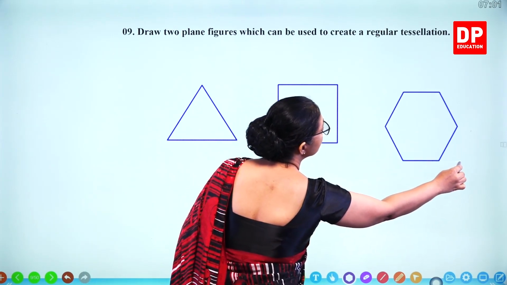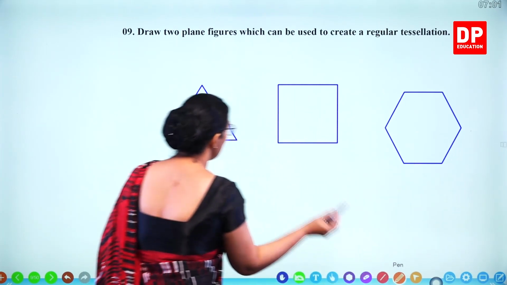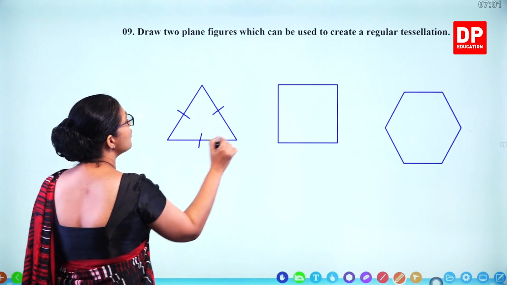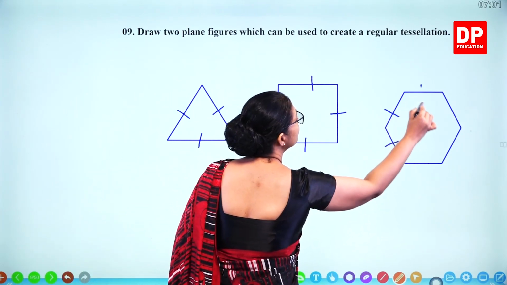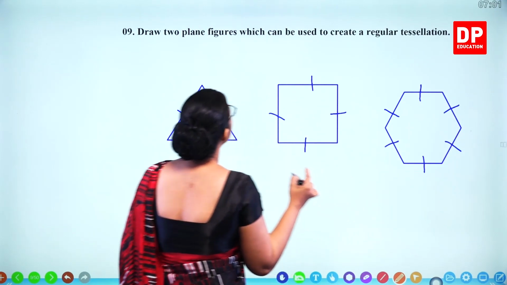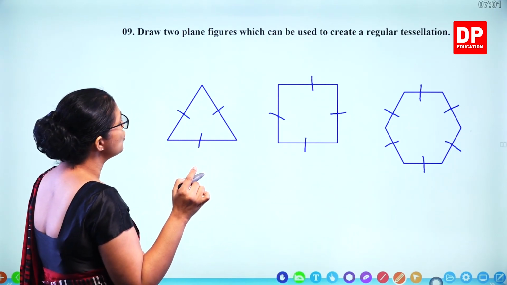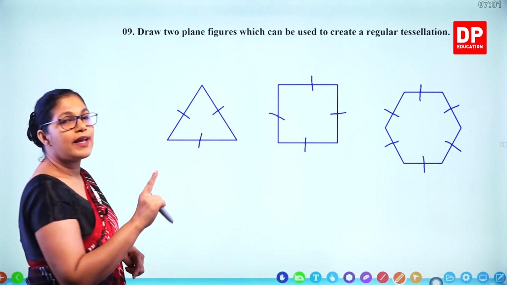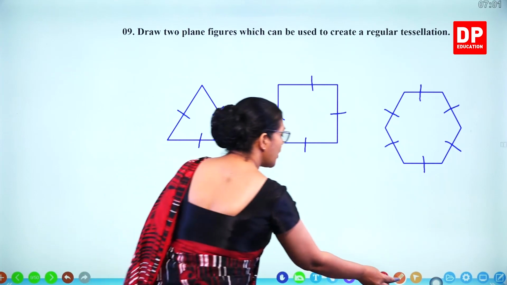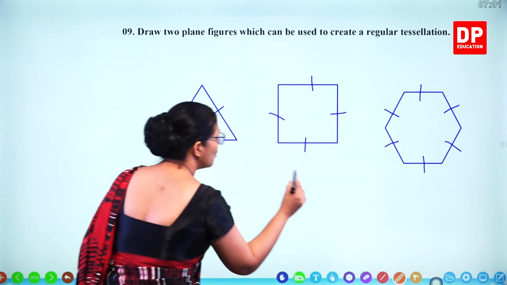Regular hexagon. So you can draw any two. All sides are equal. So you are asked to draw two plane figures which can be used: equilateral triangle, square and regular hexagon. So you get 2 marks for drawing any two.